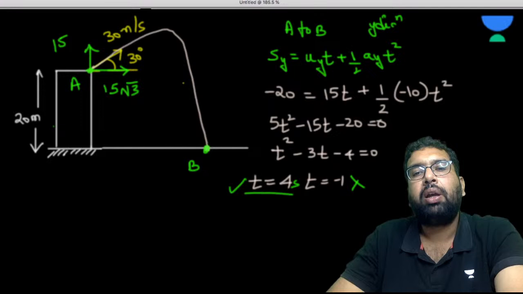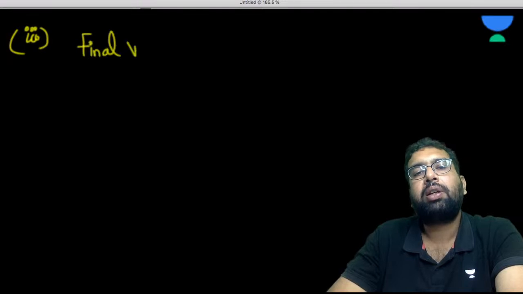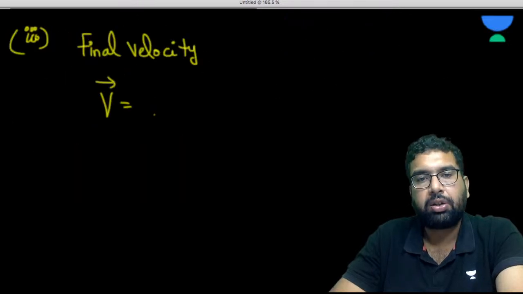Now, in the third part, what is going to be the final velocity? There will be two components, one in the x direction and one in the y direction. The final velocity, that is the velocity at which it hits, let's call it v vector. We understand that velocity in the x direction is not changing because there is no acceleration in the x direction.